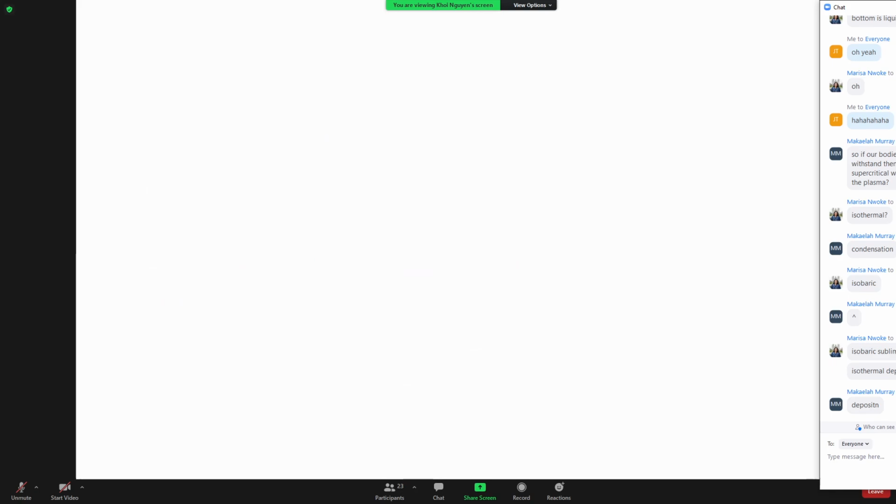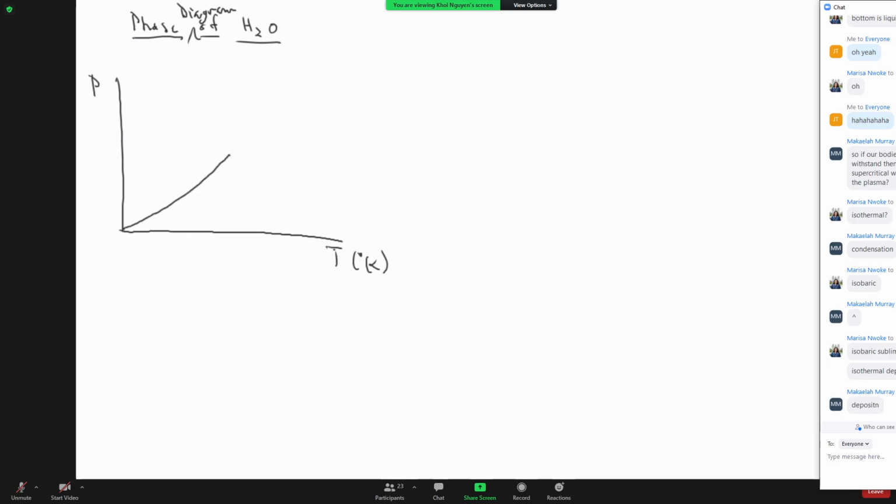So this is the phase change diagram of water. Pressure, temperature, degrees Kelvin, look like this, like that, and like that.